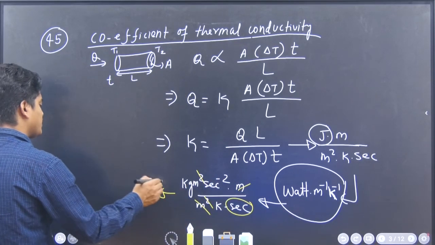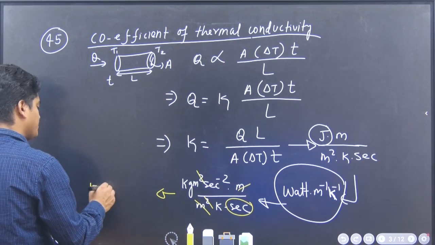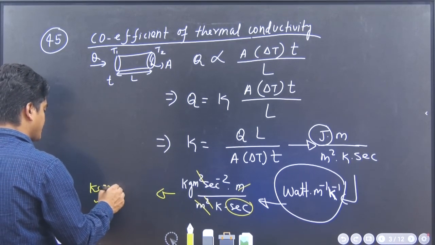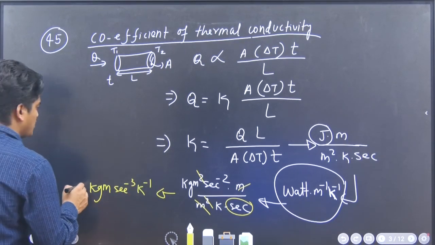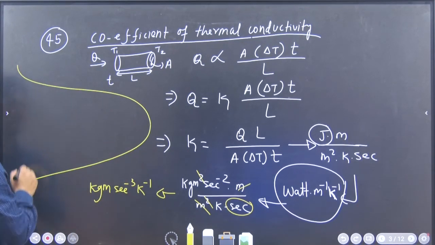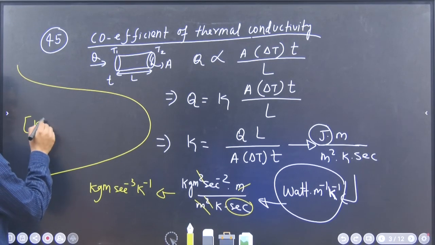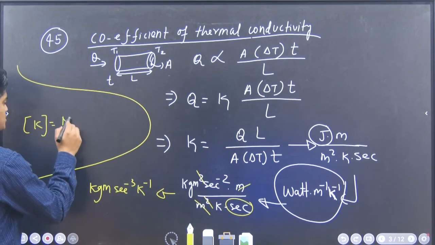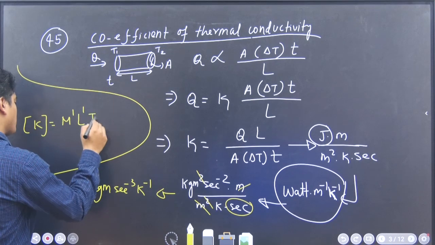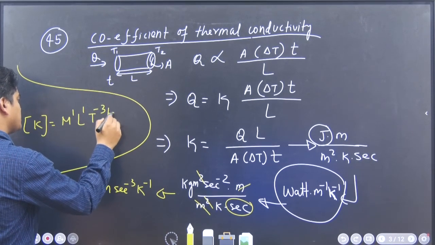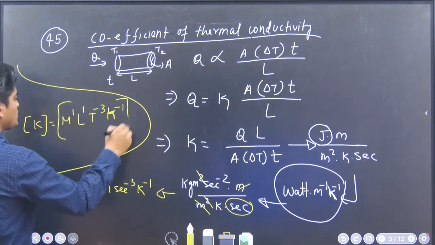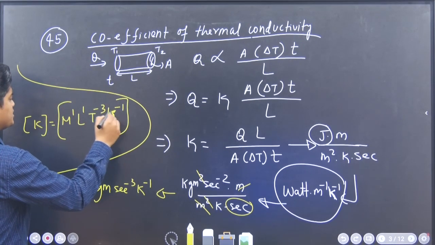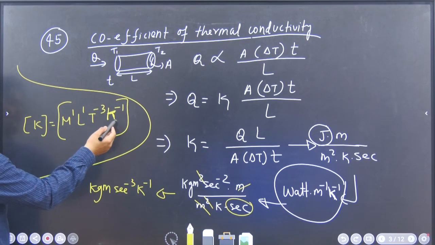So I can write this as kg meter second to the power minus 3 Kelvin to the power minus 1. Now from here, the dimensional formula for thermal conductivity is M to the power 1, L to the power 1, T to the power minus 3 and K to the power minus 1.